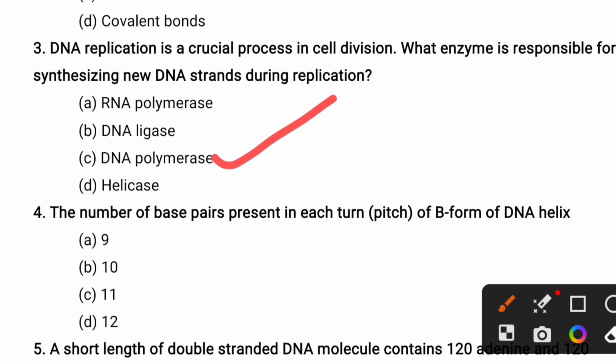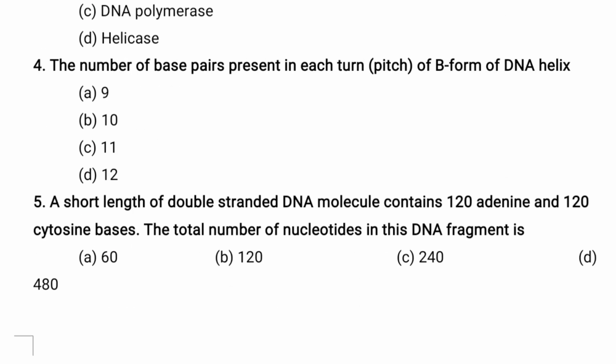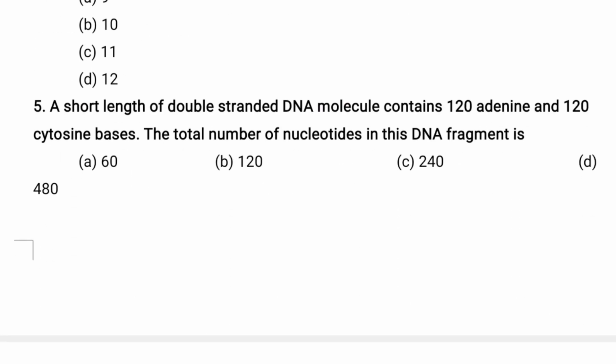So next question, the number of base pairs present in each turn of B form of DNA helix. So options are 9, 10, 11, 12. So the correct answer is 10 bases are present for each turn of B form of DNA helix. Let's see the next question.